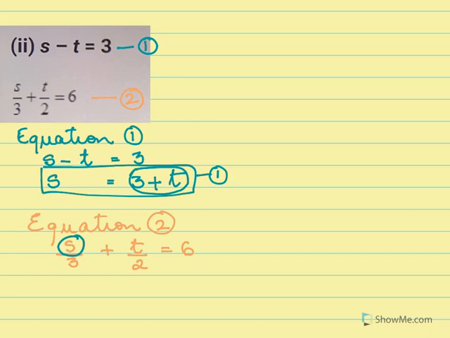I will substitute that value. So for the s I'm going to put 3 plus t, over 3 plus t over 2 equal to 6. So you know how you got that 3 plus t. I've substituted this value here, and that's why it is called the substitution method, because you substitute the value of one variable in the other.